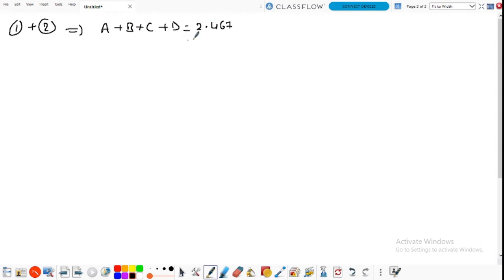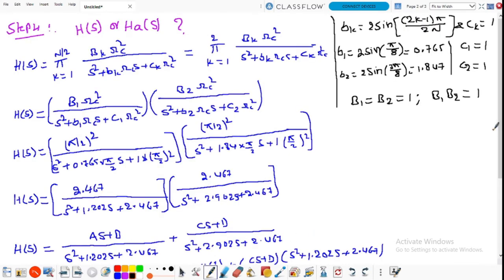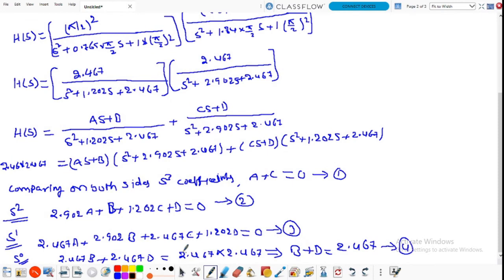This is equation number 5, and this is equation number 3.